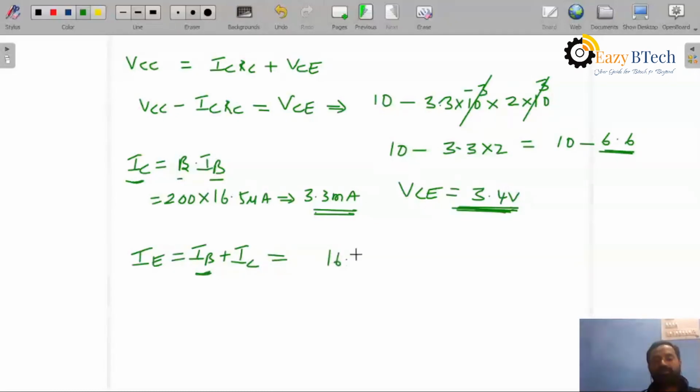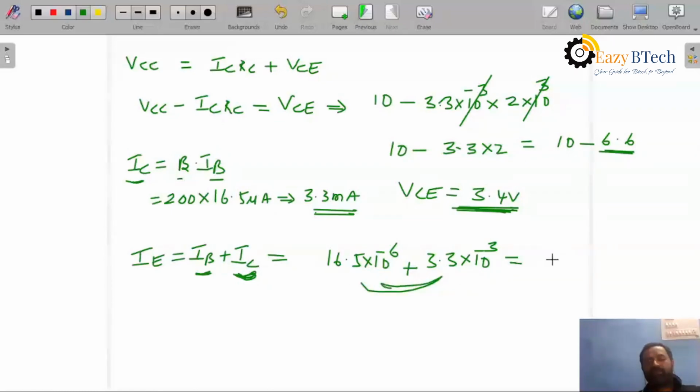IB 16.5 into 10 power minus 6 plus IC value. IC value is 3.3 into 10 power minus 3. Okay, students. This resultant you will get the value of IE.